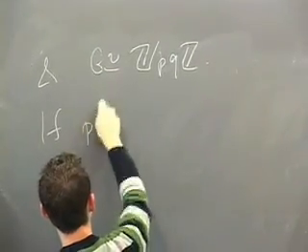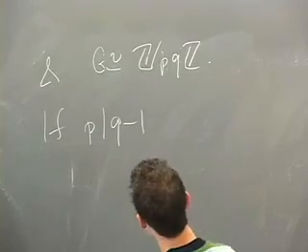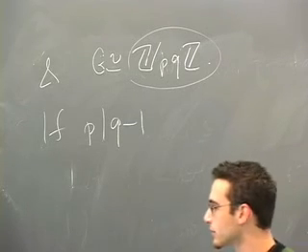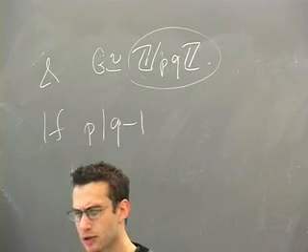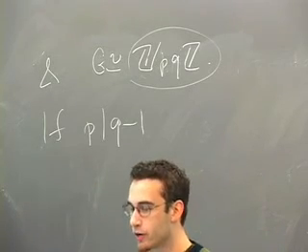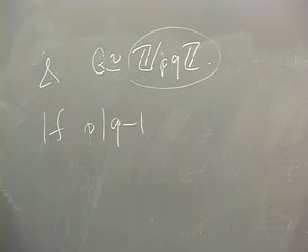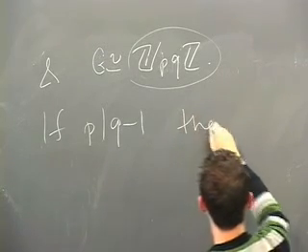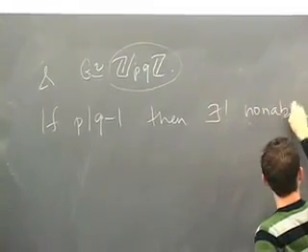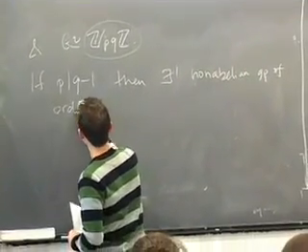If p divides q minus 1, then it could still be the case that it's Z mod pqZ, but it turns out that you can show, and I'm not sure that you did this, there's a simple construction of a group which is not abelian of order pq. Then there exists a unique non-abelian group of order pq.